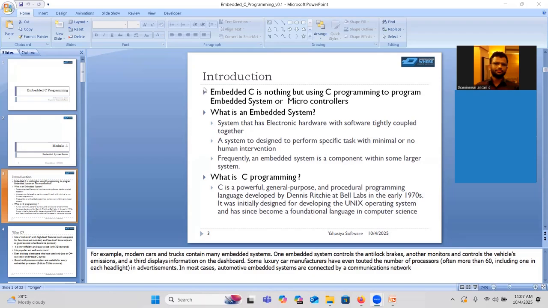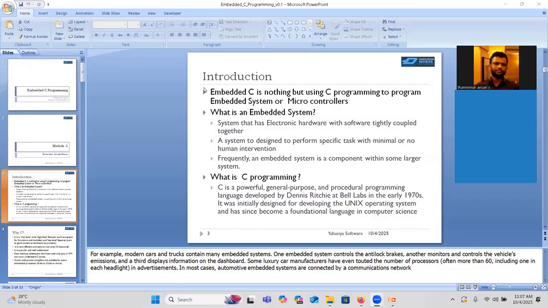You need not have an OS in every embedded system, nor an RDBMS, database management system or server. So an embedded system is a mini microcomputer which has limited resources. The intermediary layer that I discussed, the OS or RDBMS, is absent.